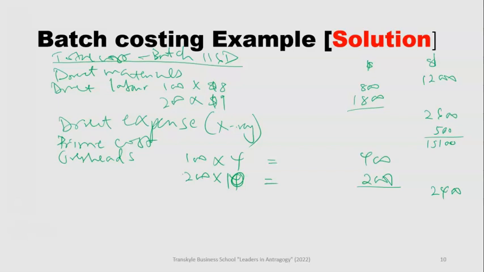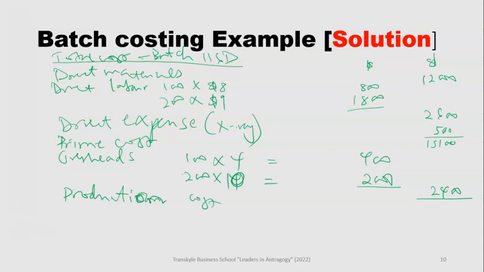This 2,400 plus the 15,100, that's what we call production cost.